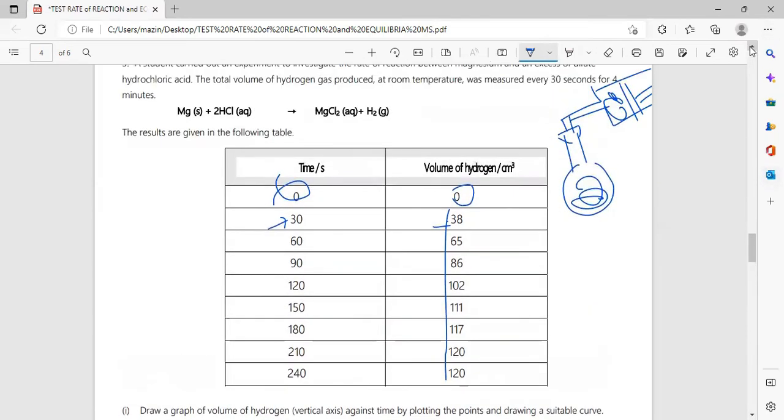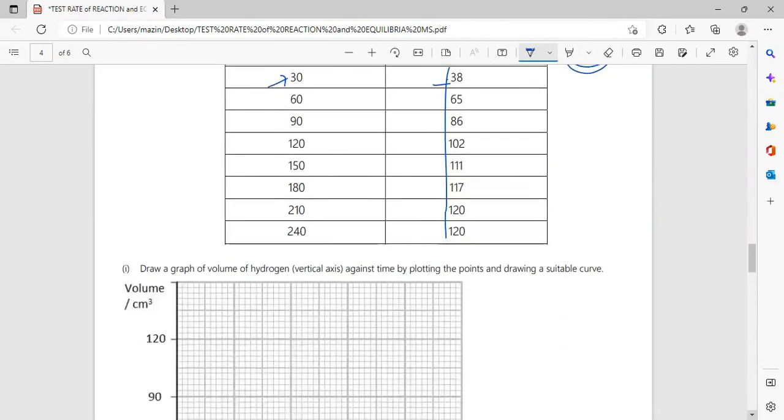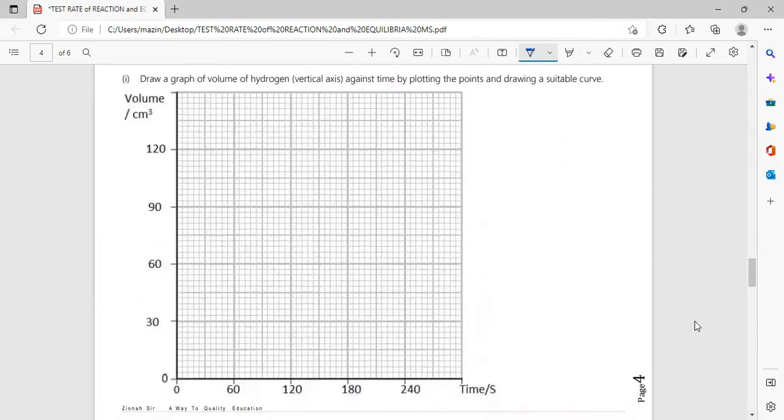Drawing graph. We need to place them together. And on this side, you have time. Look carefully how to plot them in the graph. And this is volume. You first need to estimate the value for every unit.